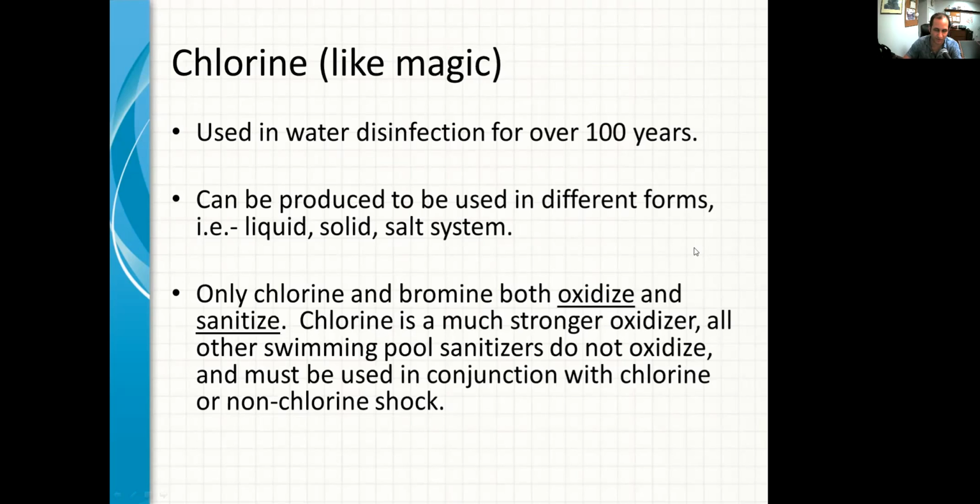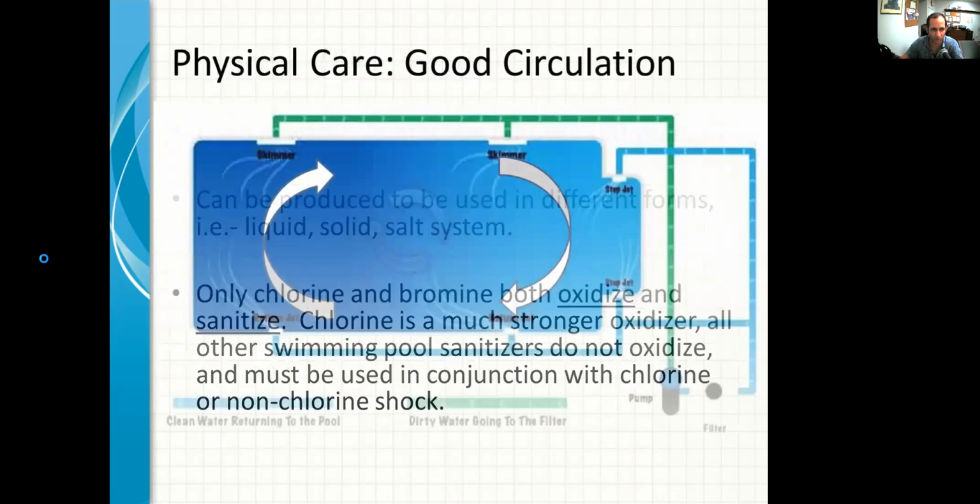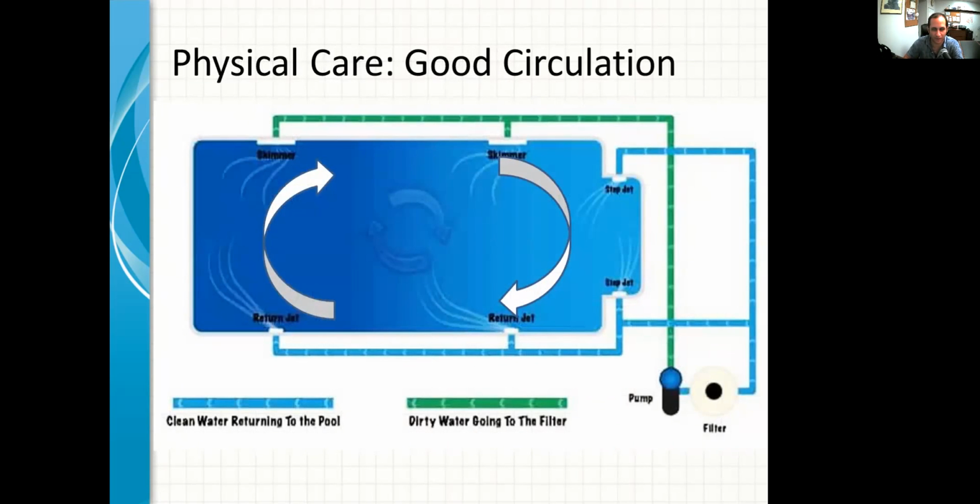You need a separate system or a separate chemical to do oxidation. So you either have to use the chlorine to oxidize, or a non-chlorine shock, or some other system that oxidizes particles. So oxidation and sanitation, I'll talk more about them later. Both are important for water disinfection, water sanitation.